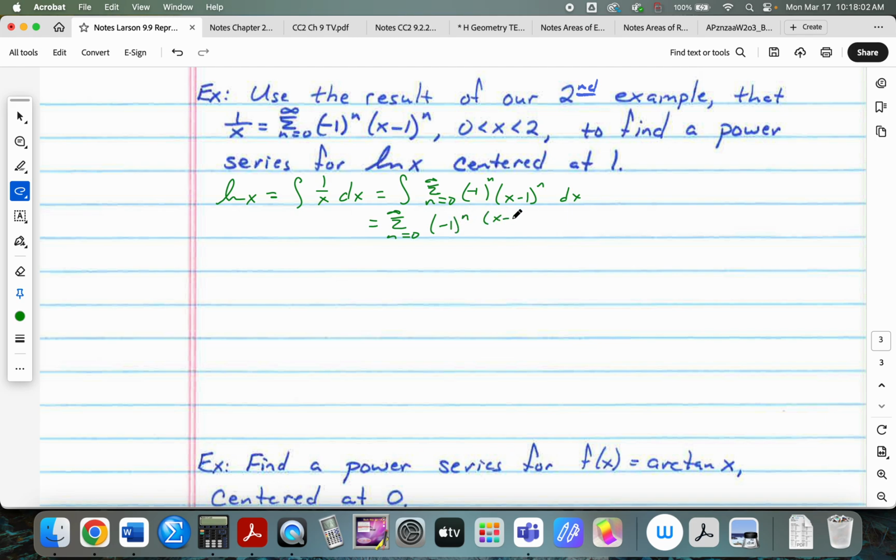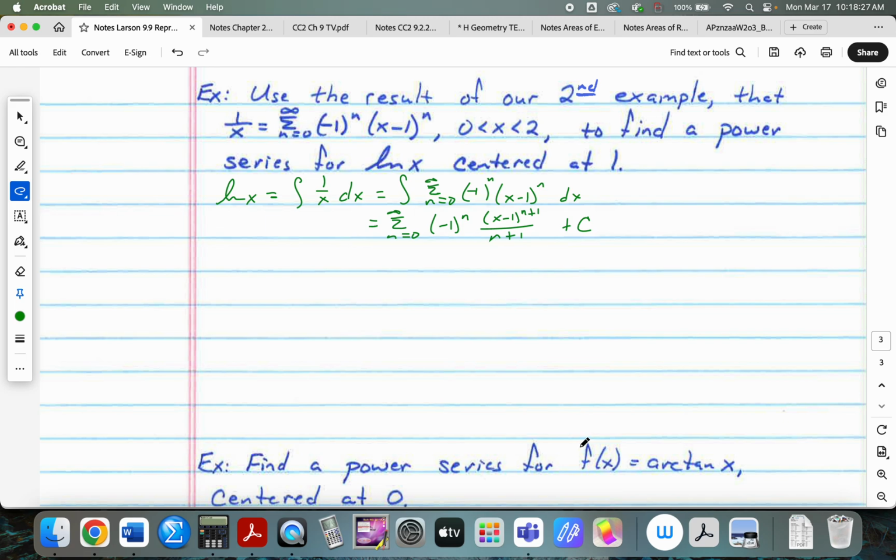We'll add 1 to the power and then divide by that new power. We should also think about plus some constant, right? Because we're taking the antiderivative.